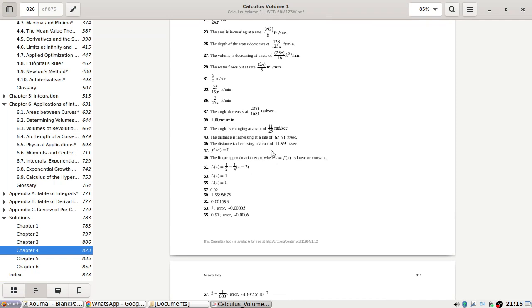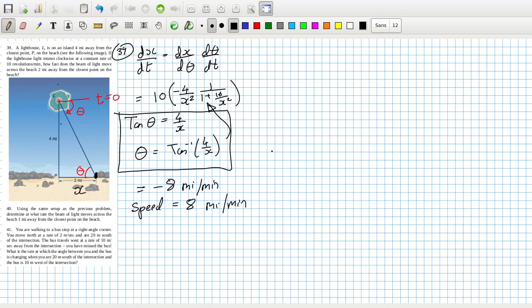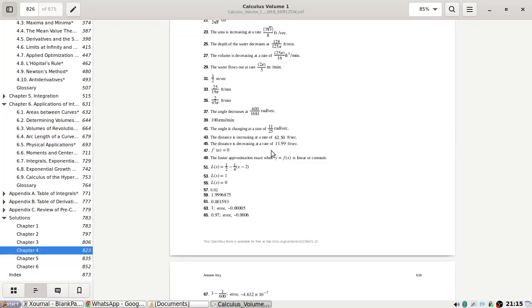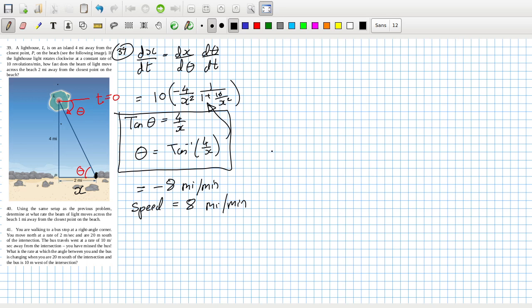100 pi. A 100 pi a minute. Really? 100 pi a minute? 300 miles per hour?